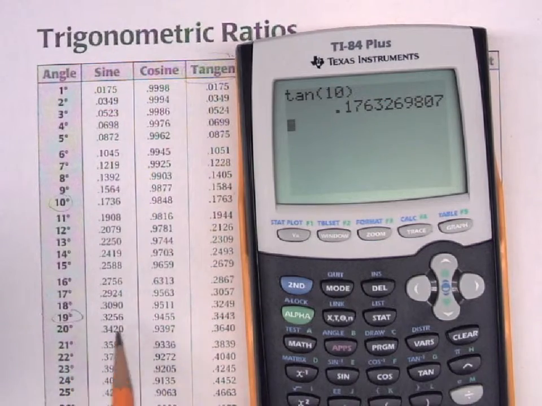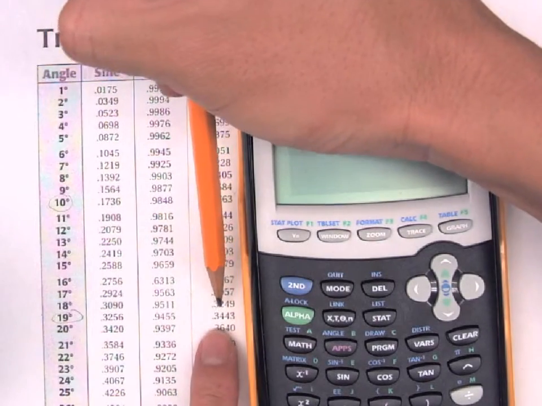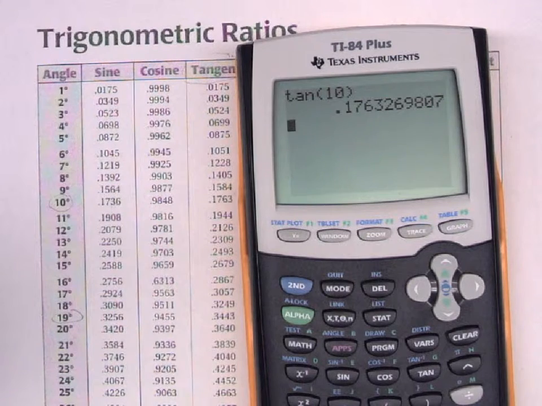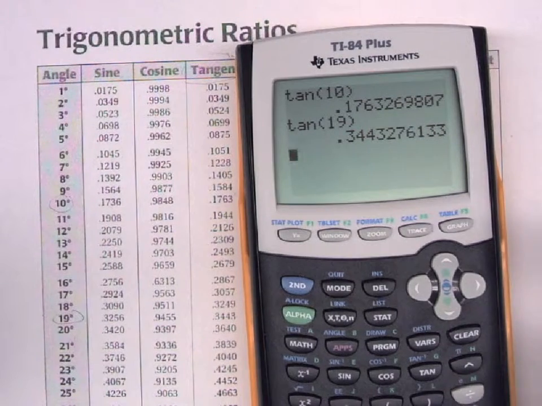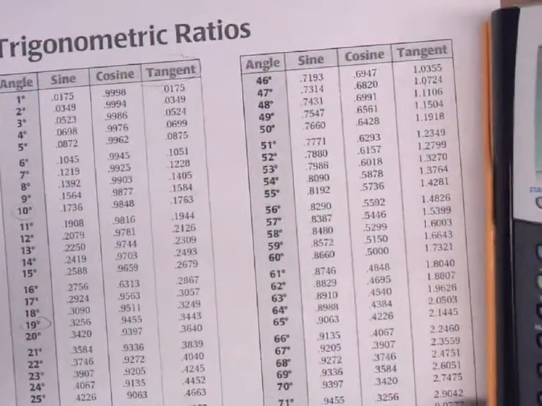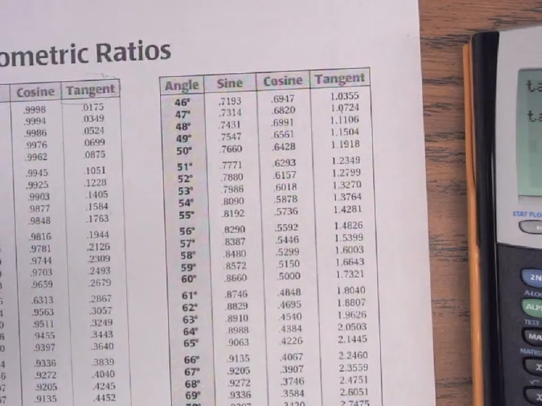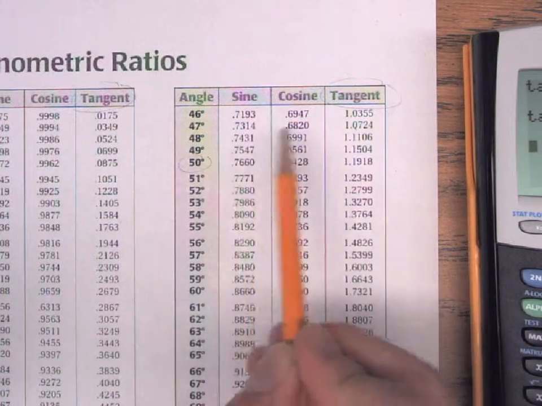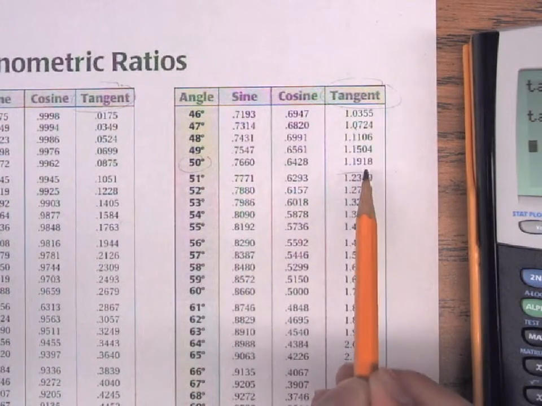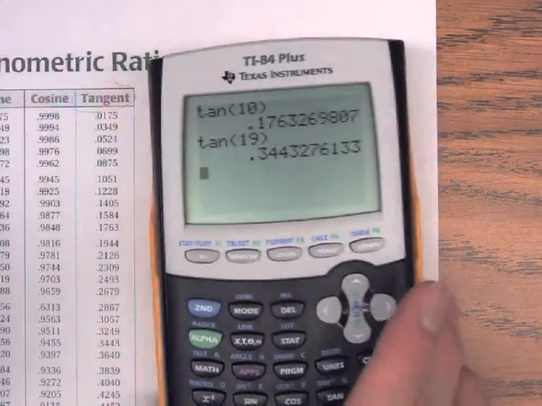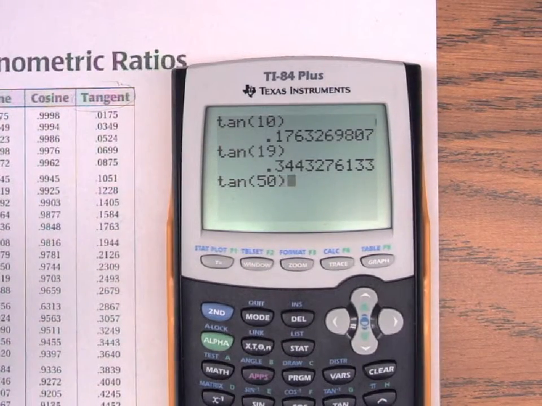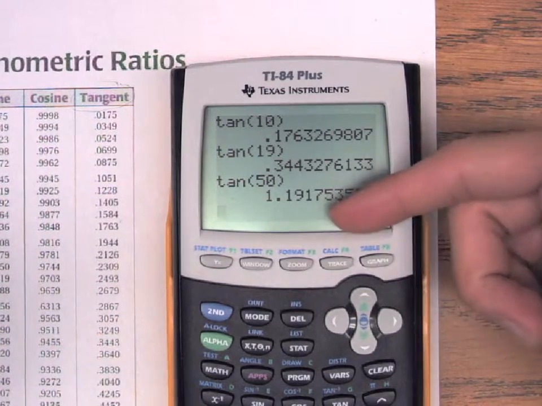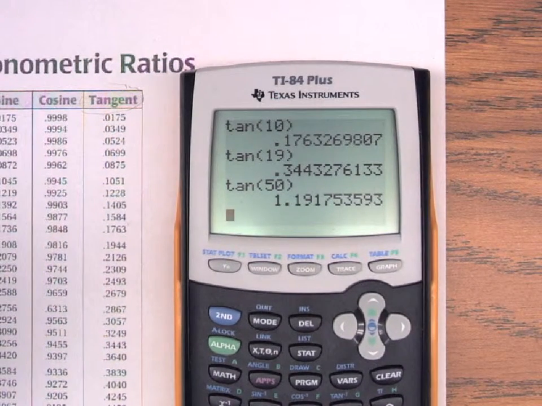On this table, the tangent of 19 is going to be 0.3443, and we can prove that by putting in tangent of 19, which gives 0.3443. Let's look at the tangent of 50. Tangent of 50 is going to be 1.1918. If I type that in, it gives 1.191, which is rounded to 1.1918.